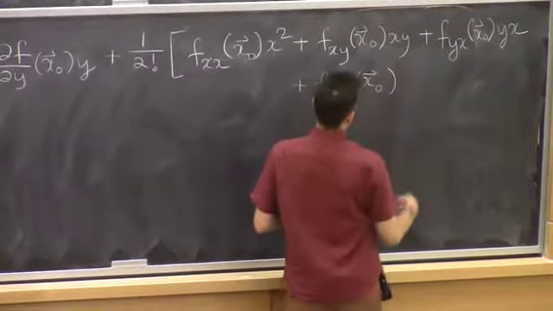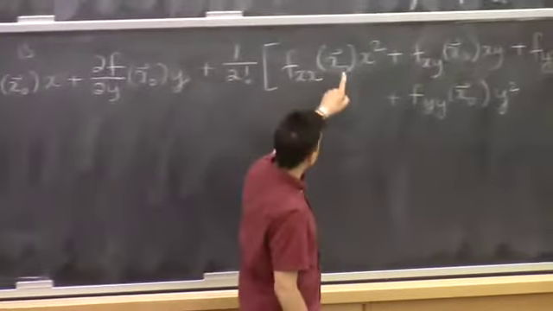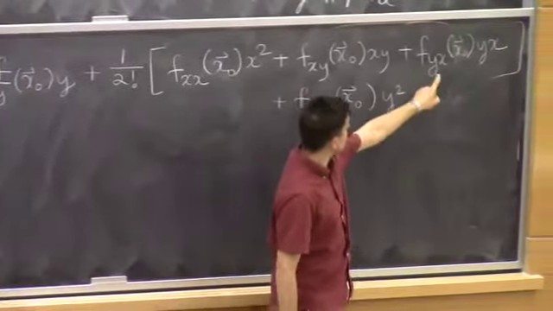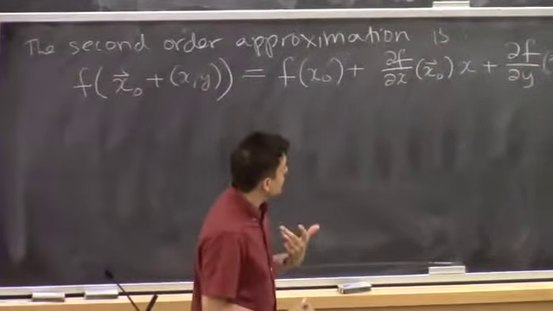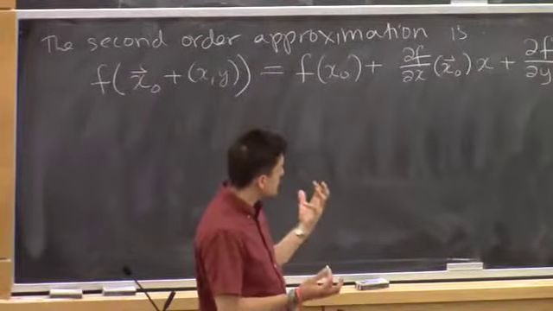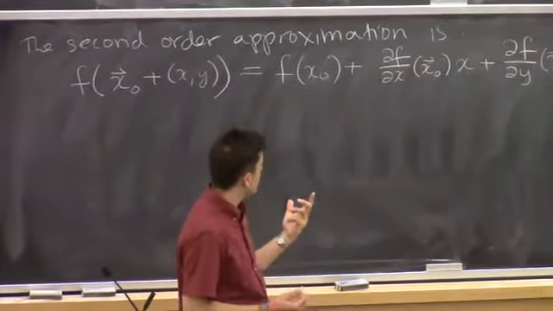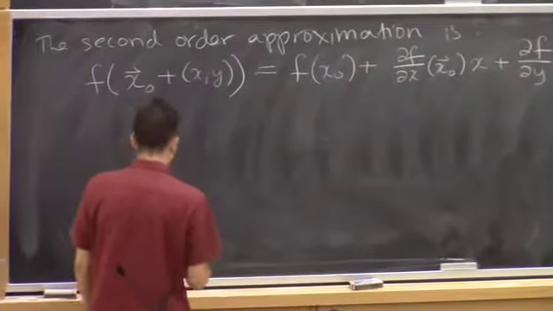For our second order approximation, we put all of the second order derivatives together, and we multiply them by a half factorial. So this very much looks like our single variable analogy.